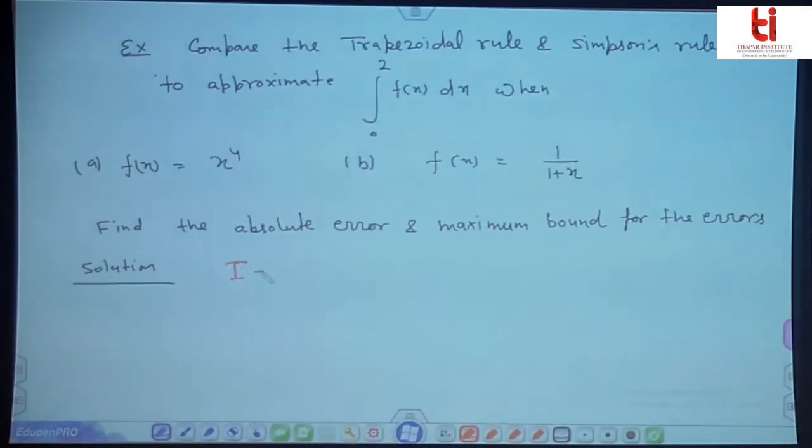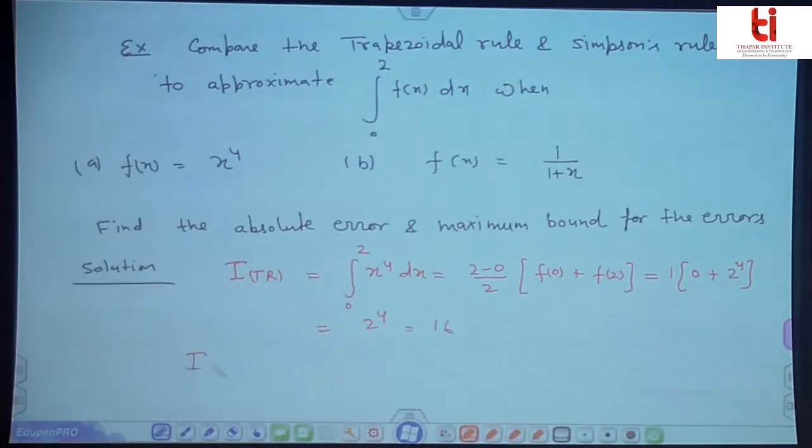Trapezoidal rule: 0 to 2 of x^4 dx is h by 2, that is (b minus a) upon 2, so (2 minus 0) upon 2, times f of 0 plus f of 2. F of 0 is 0, f of 2 is 2 raised to power 4. So the value is 16.